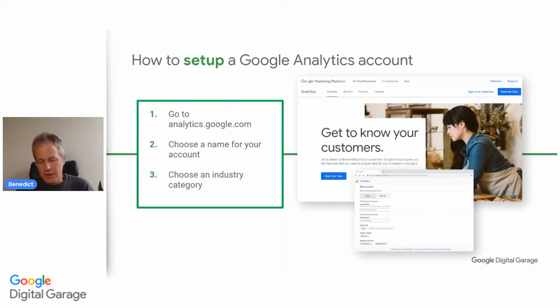Now, when you're in admin, if you see 3 columns in front of you, you are in Google Analytics version 3, in which case I'd recommend you go into Google Analytics Academy to learn about Google Analytics 3, maybe just to get to know it. And in the long term, get to know Google Analytics 4 so you're ready for the transition.